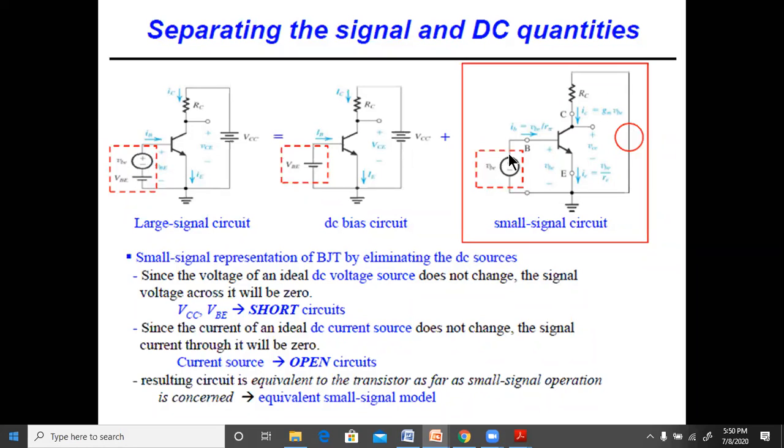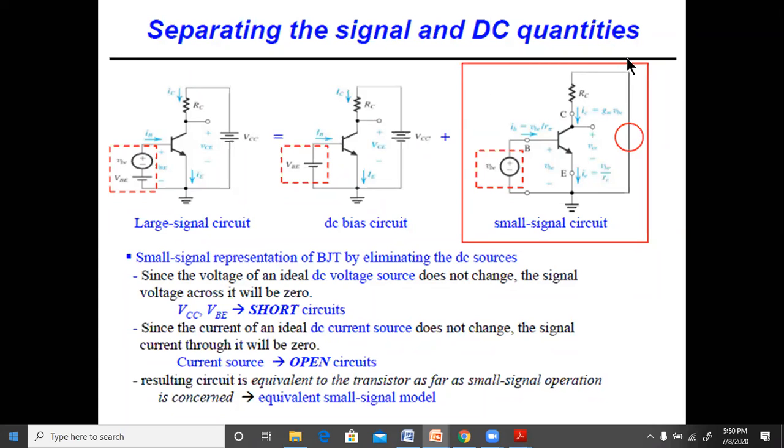At that time we have small ib, ic, ie. We have already found these relationships: ib is equal to vb by r pi, ic is equal to gm vb, ie is equal to vb by re, in the last class.